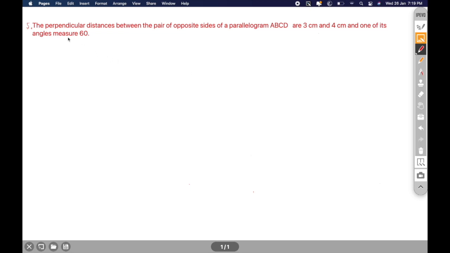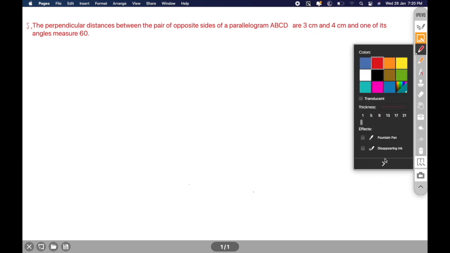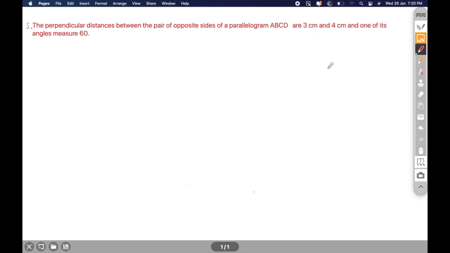The next question is, the perpendicular distance between the pair of opposite sides of a parallelogram ABCD are 3 centimeter and 4 centimeter, and one of its angles measure 60 degree. So let me draw a rough diagram first of all. Suppose this is the parallelogram.